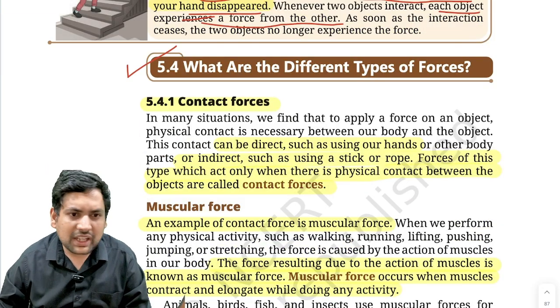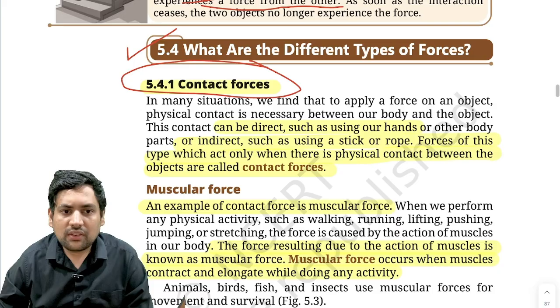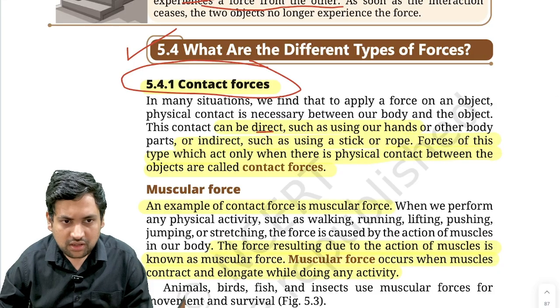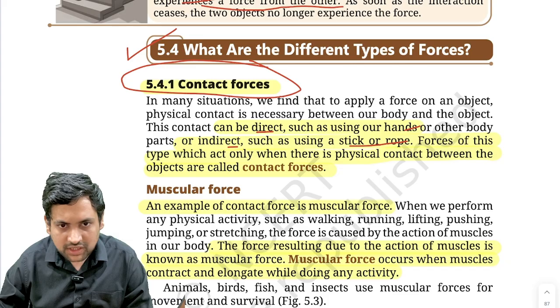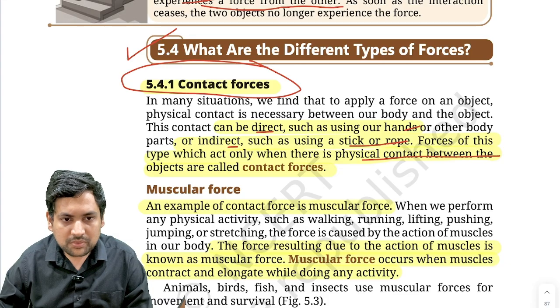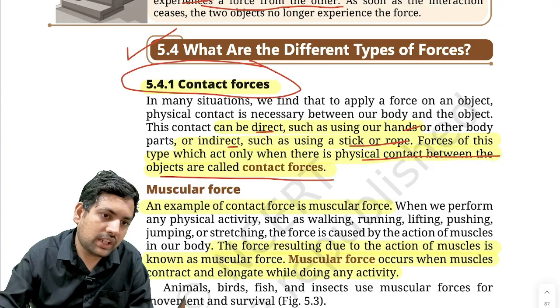Then it comes to different kinds of forces. What are the different kinds of forces? There are contact forces. What are contact forces? They can be direct or indirect. Direct can be using our hands, indirect can be using a stick or rope. They act only if there is physical contact between the objects.